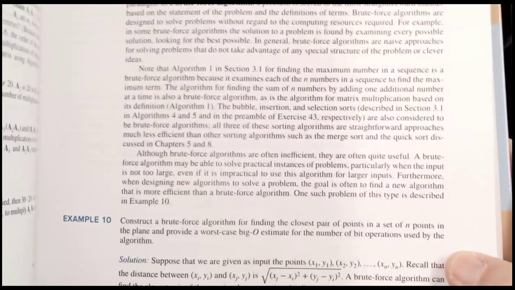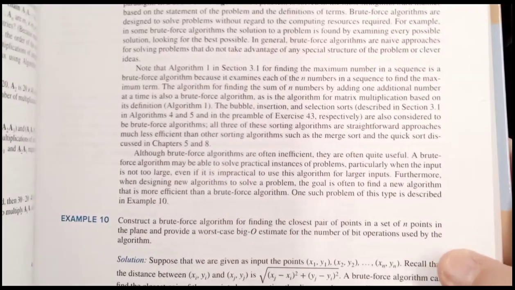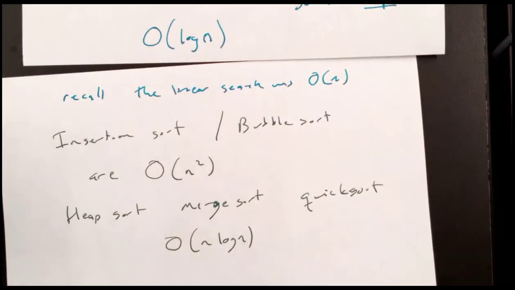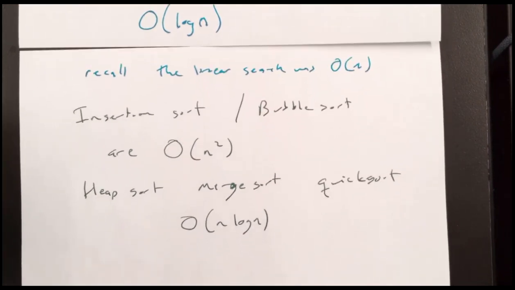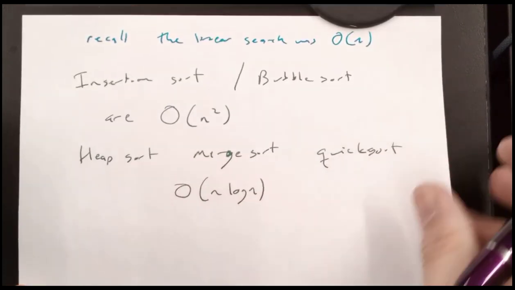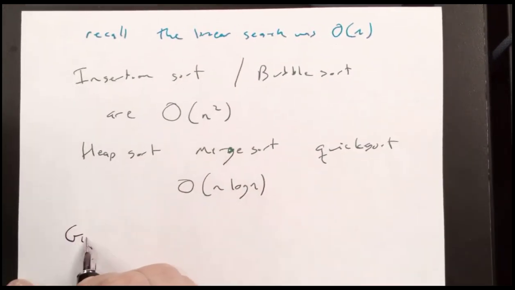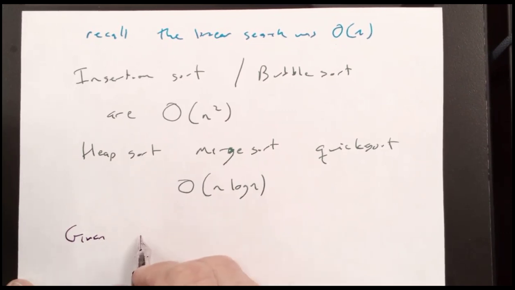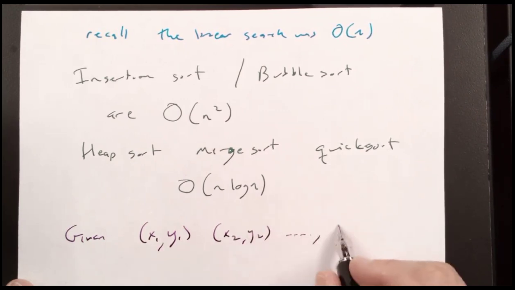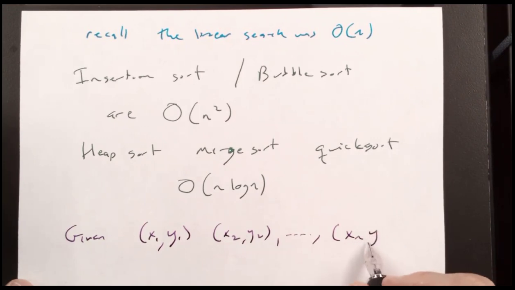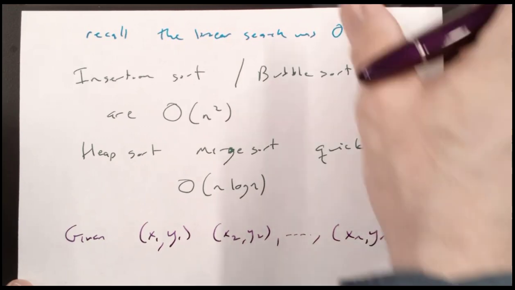Find the closest pair of points in a set of n points. So I have a bunch of points.